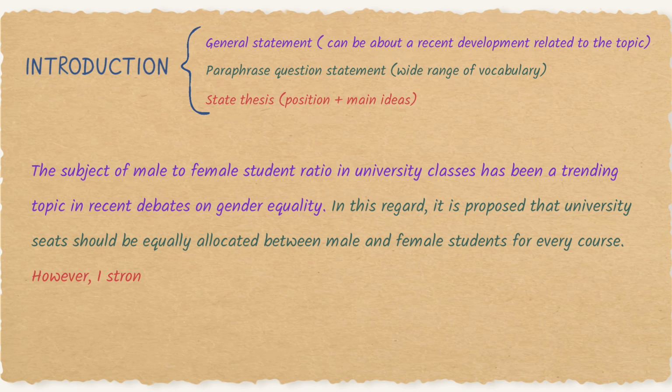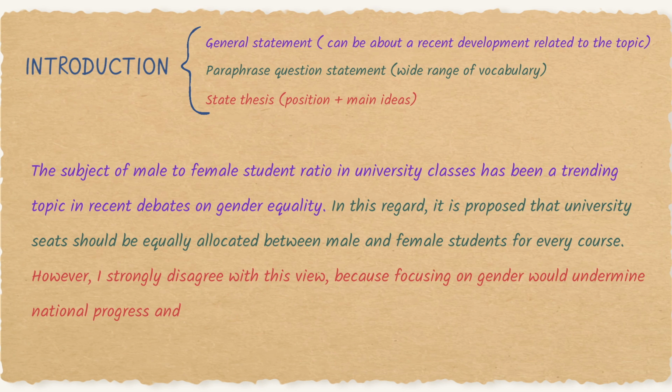However, I strongly disagree with this view. And what are my reasons? Because focusing on gender would undermine national progress and lead to inequality towards well-qualified students. And these are my two main ideas. This is a perfect introduction and a very good thesis statement.